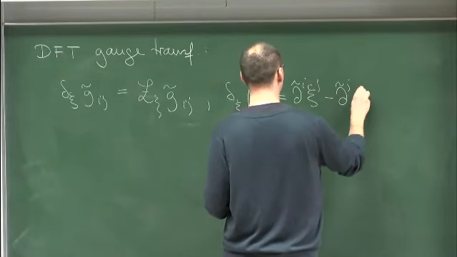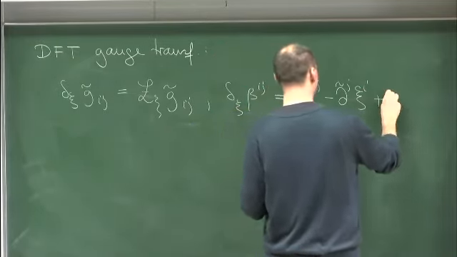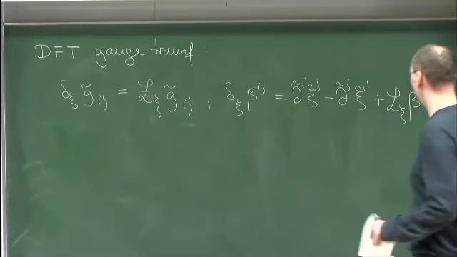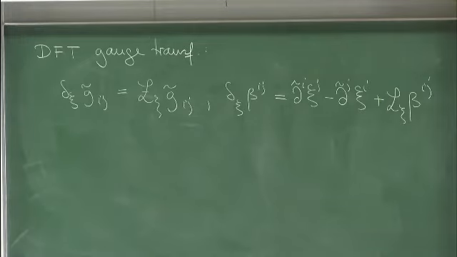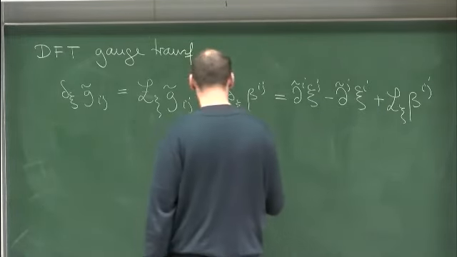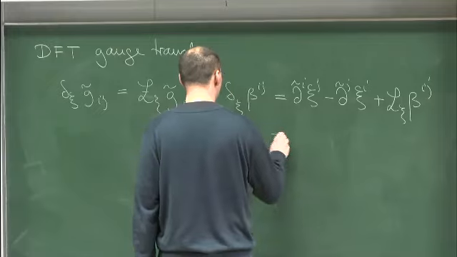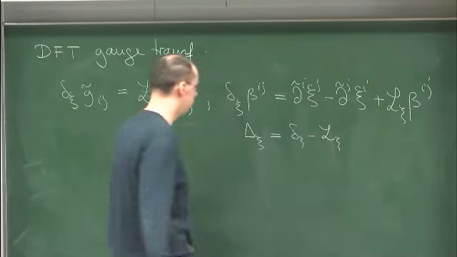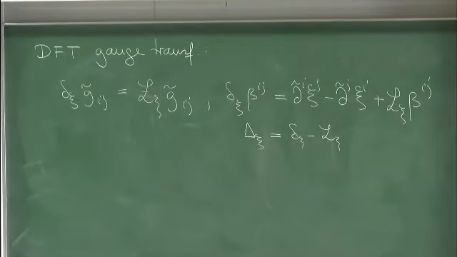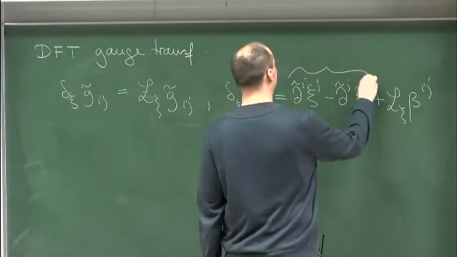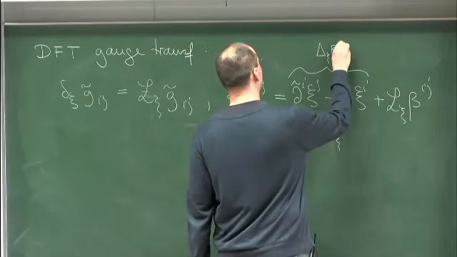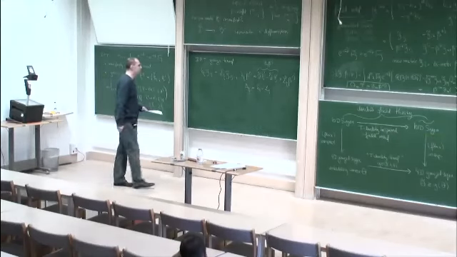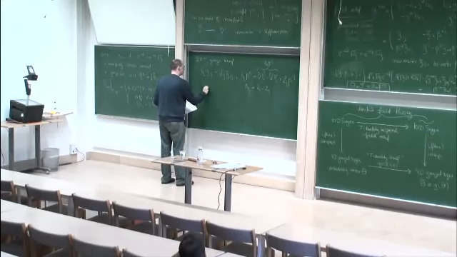It involves the tilde derivative, and it is this invariant antisymmetric curl-like combination. Then there's also a covariant term with just the standard Lie derivative. Let me also introduce a delta, by which I mean the full transformation minus the covariant part, the Lie derivative part. So I would call this object delta psi, because that's the non-covariant part, and G tilde has no non-covariant part. And the dilaton, of course, still transforms as a scalar.